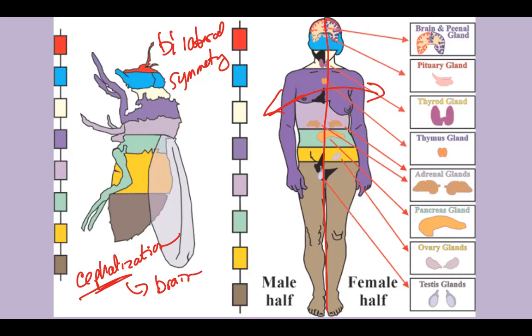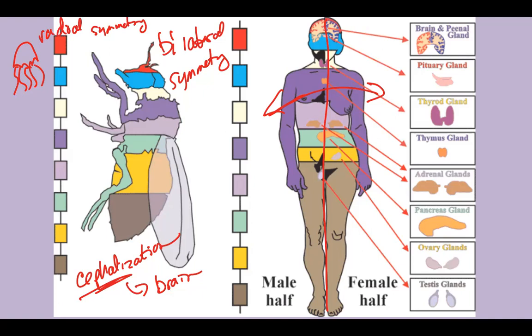If you think about a jellyfish, it's not bilaterally symmetrical. It has something called radial symmetry. I know I'm already off topic, but that's okay. Radial symmetry doesn't allow for cephalization, because where's the brain going to go?